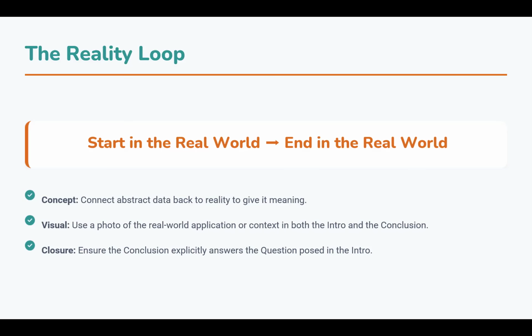So you can use the visuals and other typical modalities available in presentations. Real-world photos, real-world applications, and real-world appealing modalities should be there in both your introduction and conclusion, where you connect this loop of the real world.